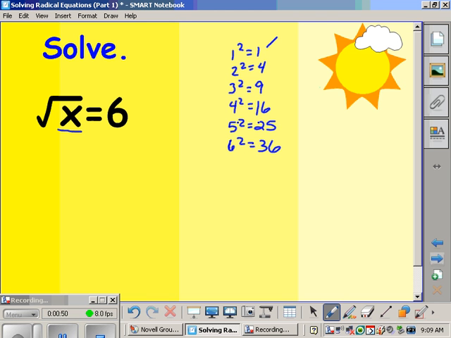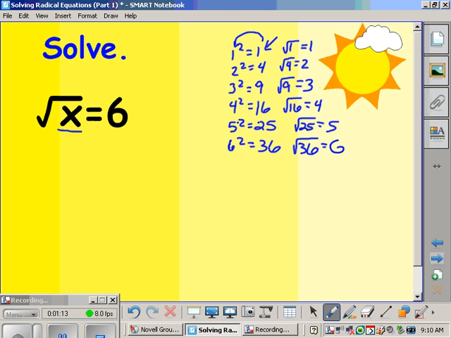So if you take the number on the right side and put a square root symbol around it, then it should equal the number that's being squared. So the square root of 1 is 1, the square root of 4 is 2, the square root of 9 is 3, 16 is 4, 25 is 5, and the square root of 36 is 6.